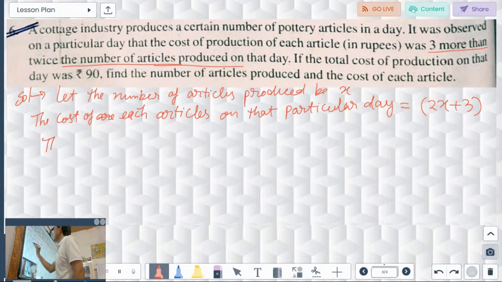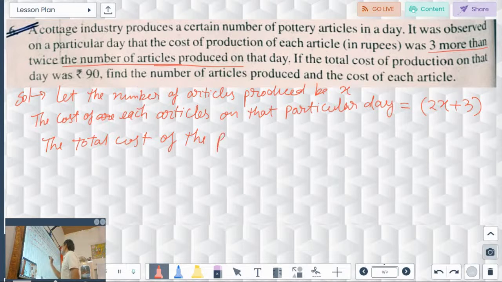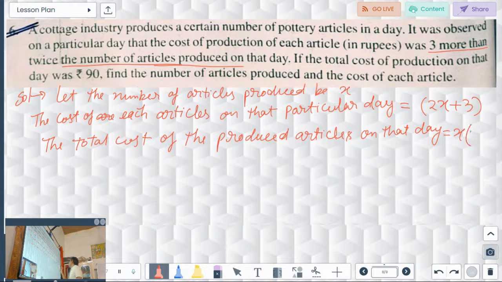Now the total cost of the produced articles on that day is x into 2x plus 3.